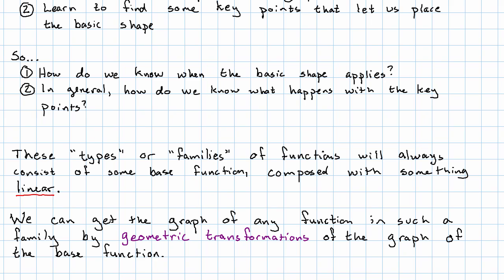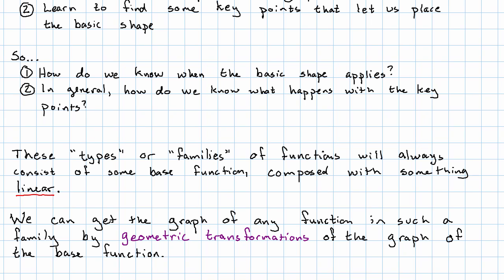Now, depending on the exact kind of geometry class you took, you might be more or less familiar with these geometric transformations. I'm just going to list what the transformations are here, and in the coming videos, we'll see how various parts of the expression translate into various transformations of the graph.